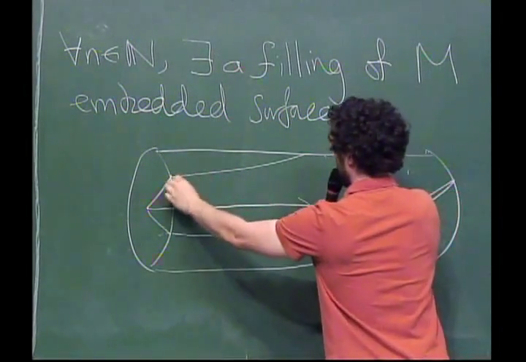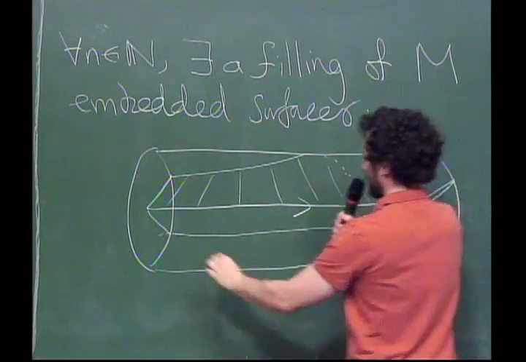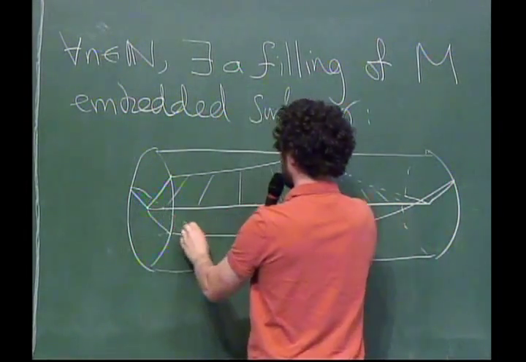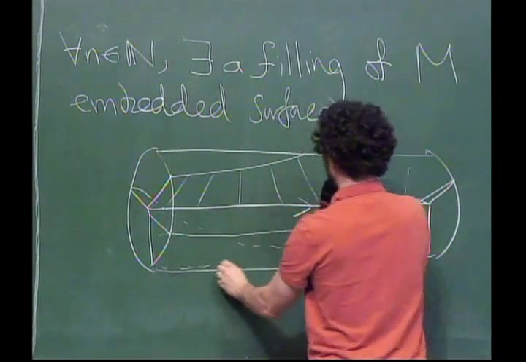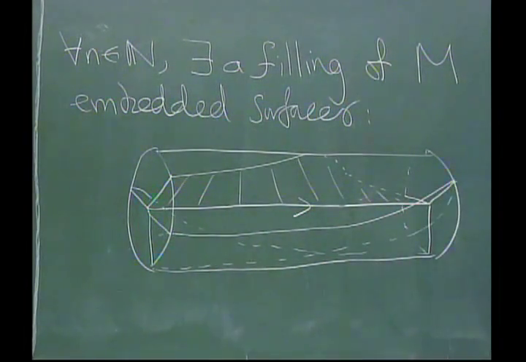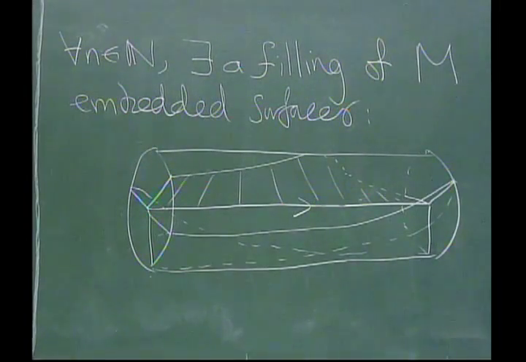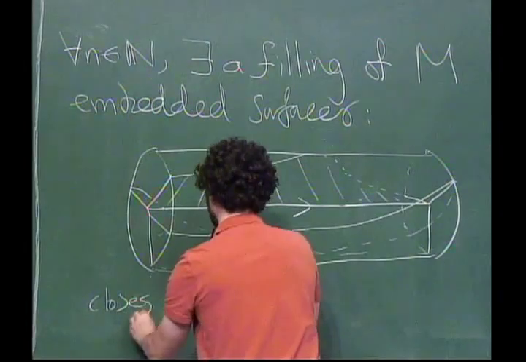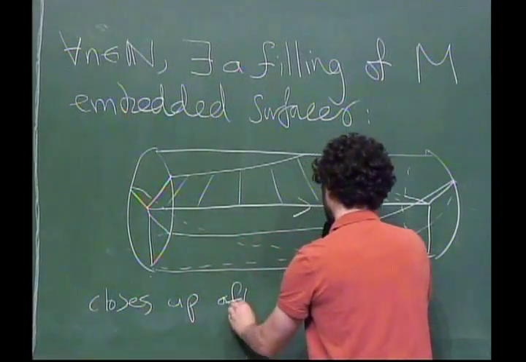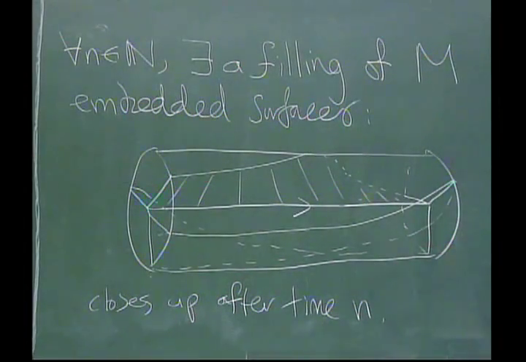So it's still connecting to the periodic orbit, and then here comes to here, and then it continues on, and then here comes back, and so on, and eventually after going this number n times from here to here, it closes up. So each surface closes up after time n.